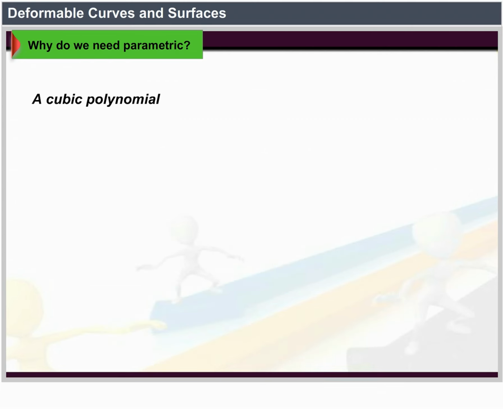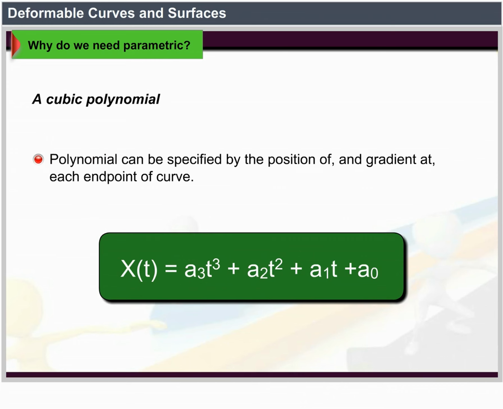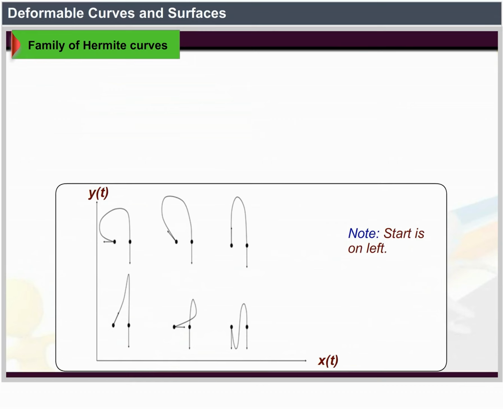A cubic polynomial x of t equals a3t cubed plus a2t squared plus a1t plus a0, where t ranges from 0 to 1. The polynomial can be specified by the position and gradient at each endpoint of the curve. A family of Hermite curves can now be seen on screen.